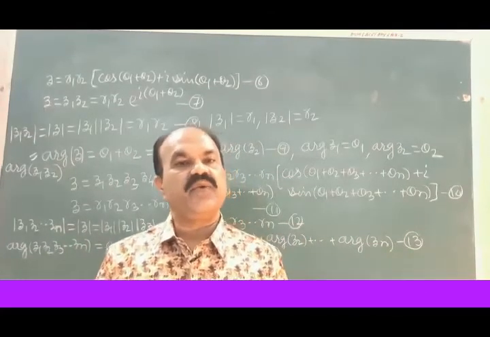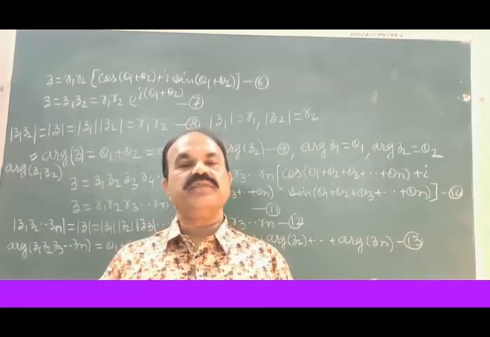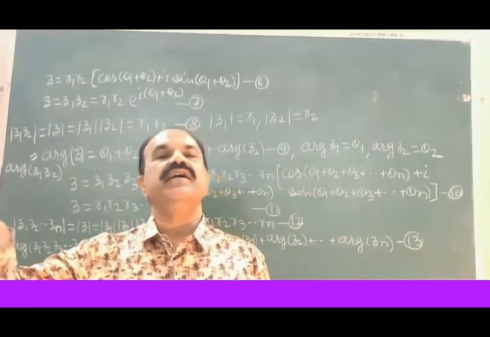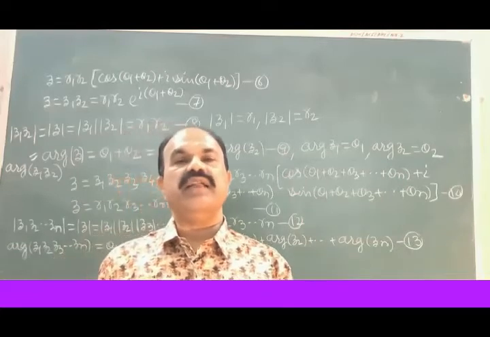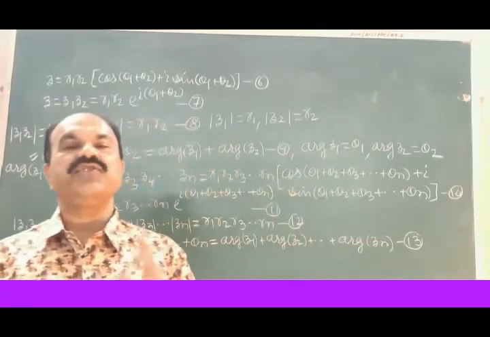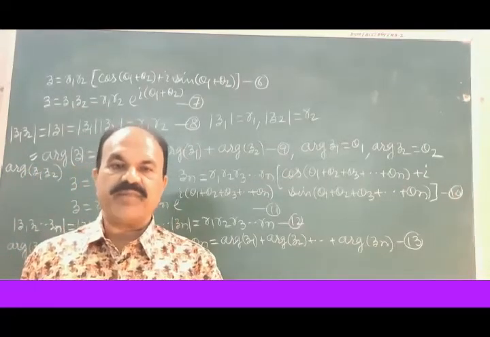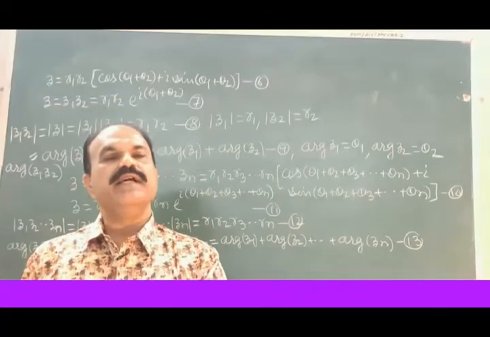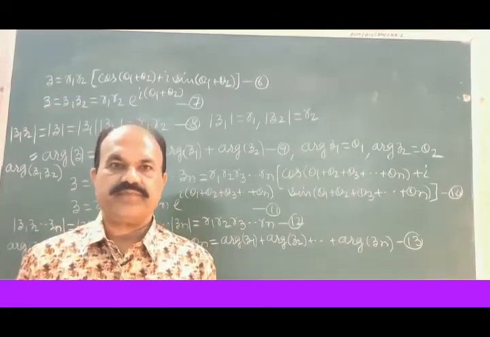And the second conclusion, that is, argument of product of complex numbers is always equal to sum of their arguments. So these two conclusions are always true for product of two complex numbers, product of three complex numbers, product of four complex numbers, product of any number of complex numbers.